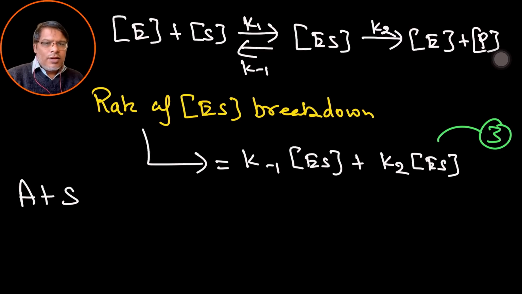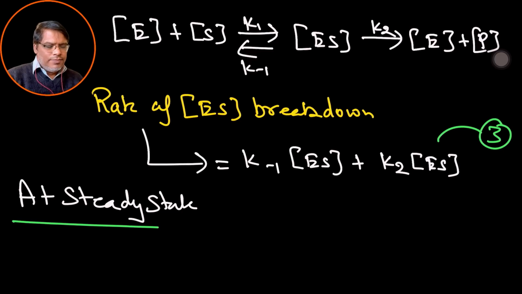Now we are going to assume that there is a steady state. A steady state means you have supplied enough substrate, and the enzyme is continuously converting substrate into the product. So this reaction is happening at a steady state.